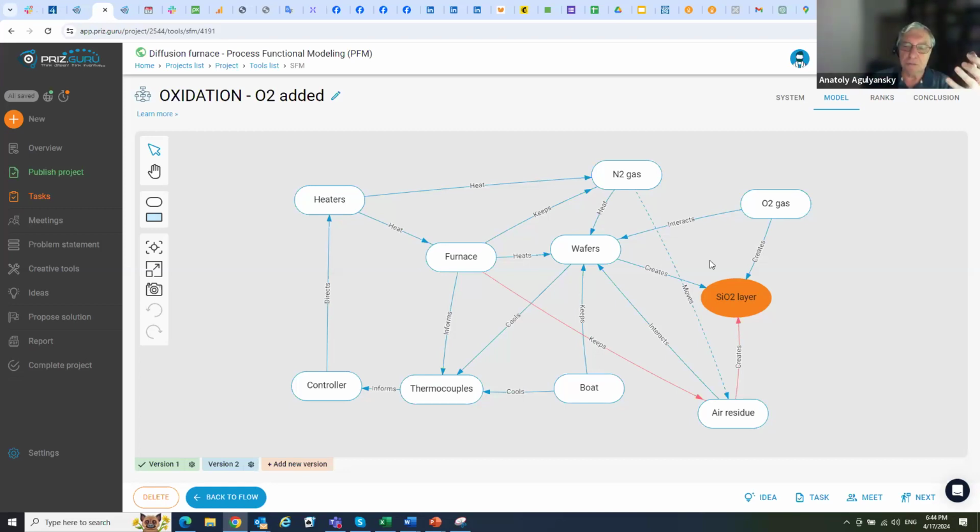This is what always moves us backward in history instead of moving us forward. We should think forward. We should, so-called, think out of the box.